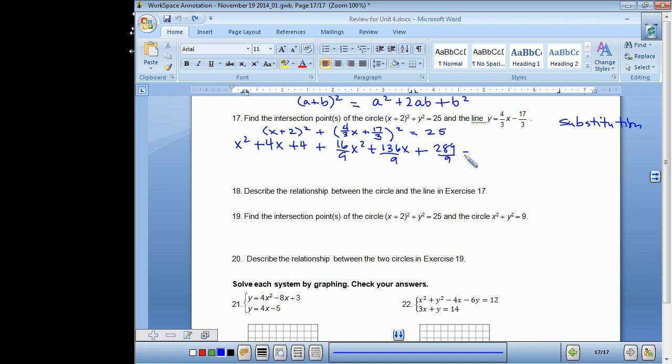Now, if you looked at my answer key, in that next step every fraction disappeared, because I will clear them every time. Every denominator is 9. So if I multiply both sides through by 9, they're gone.